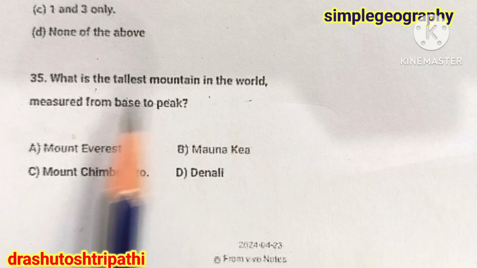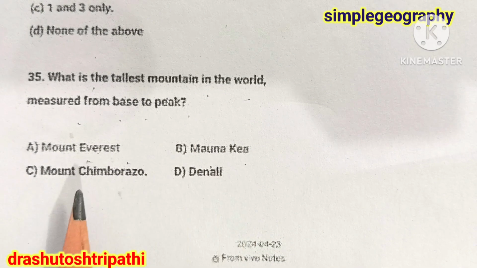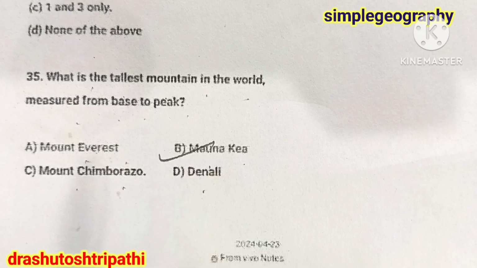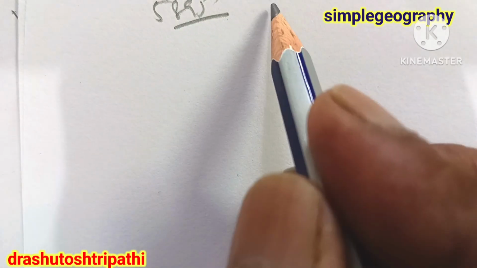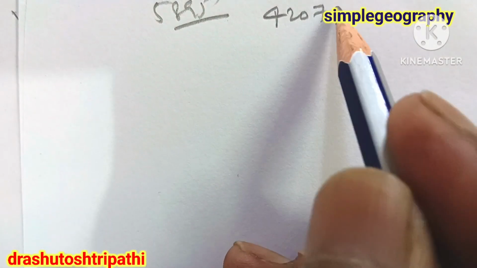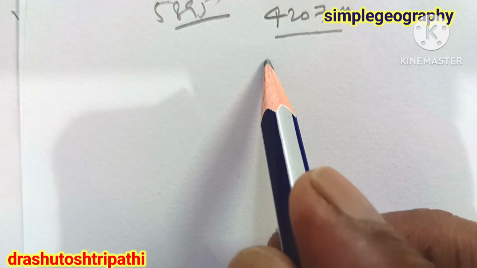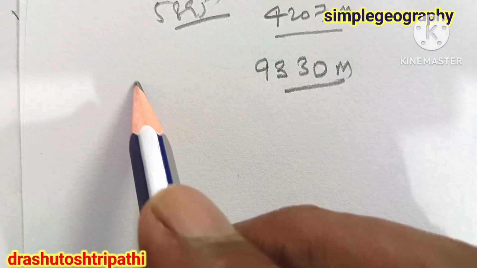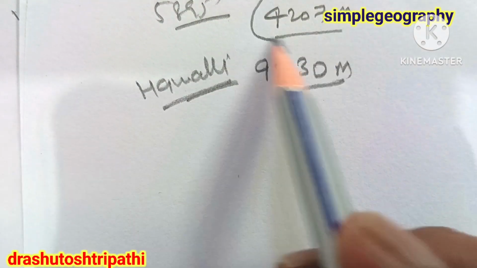Which is the tallest mountain in the world measured from base to peak: Mount Everest, Mauna Kea, Mount Kilimanjaro, or Denali? The answer is Mauna Kea. The actual height of Mauna Kea is 4,207 meters above sea level, but when you measure from the bottom, from the underwater part, it is 9,330 meters, and it is found in Hawaii, an island of the USA.